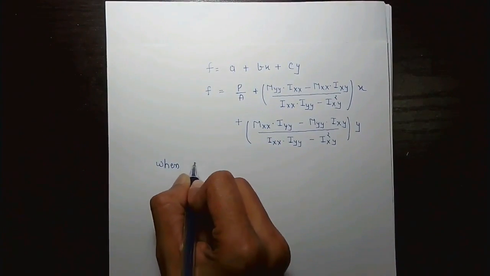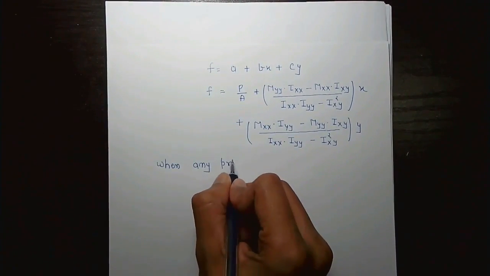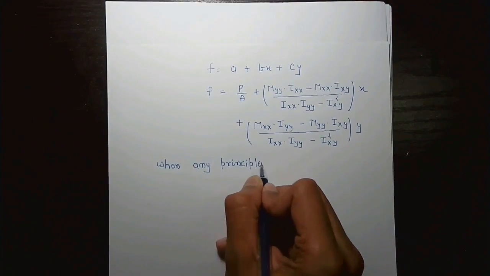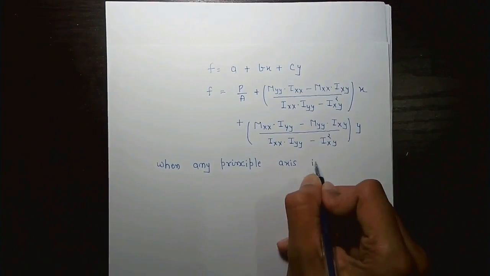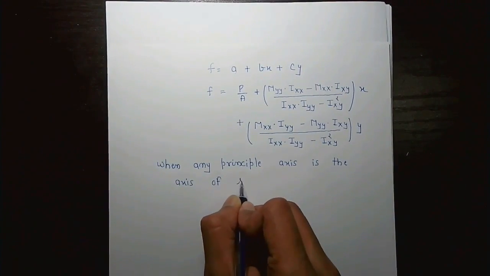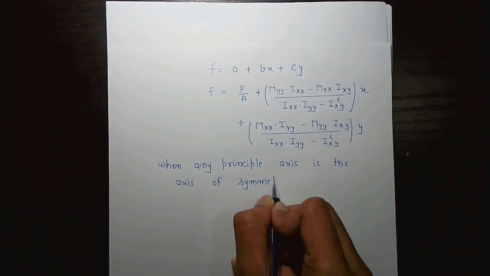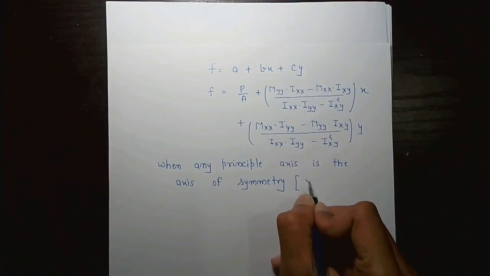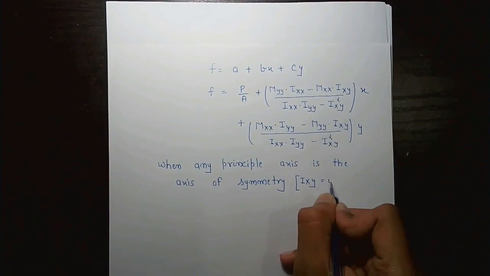Now when any axis or any principal axis is the axis of symmetry, then Ixy is 0.